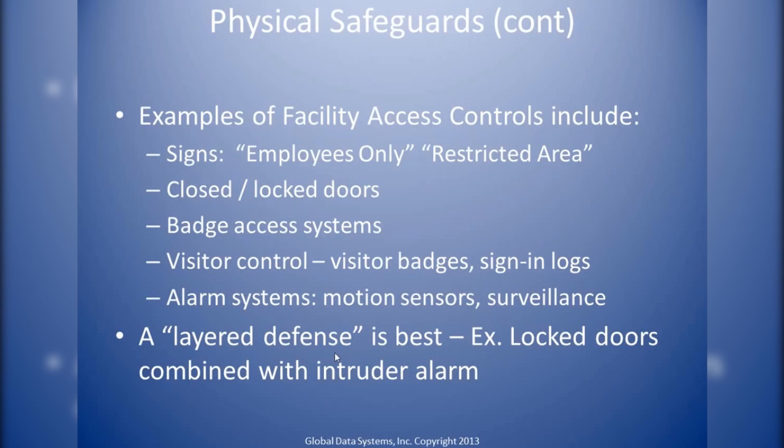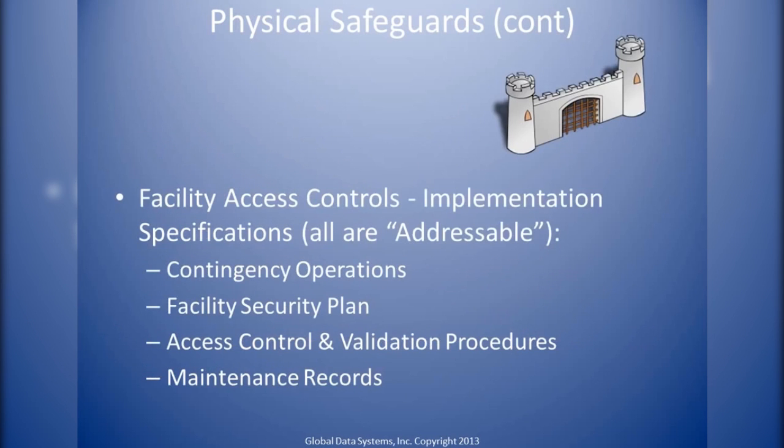For example, by locking equipment racks or locking monitors or access to the hard drives. We don't want somebody to steal the hard drives out of our systems and walk away with our EPHI. That's physical access, and physical safeguards control that. Some examples of controls you might implement: simply having signs that depict what areas are restricted areas or authorized access only, that type of thing.